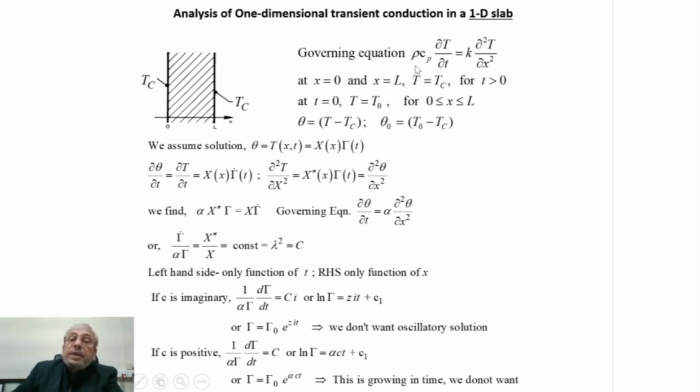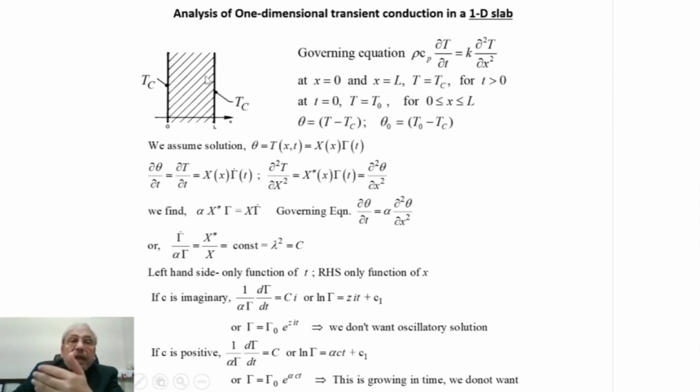So the governing equation is rho Cp del T by del t equal to K del 2 T by del x square. At x equal to 0 and x equal to L, temperature is Tc for finite time.